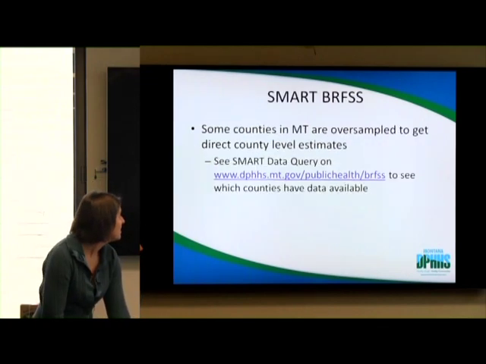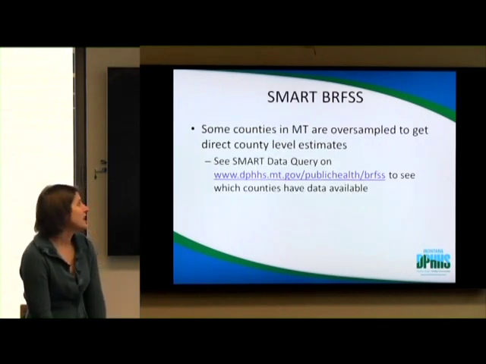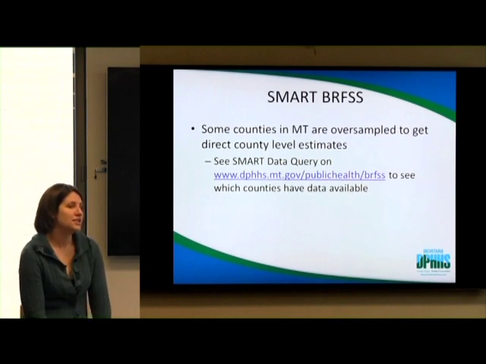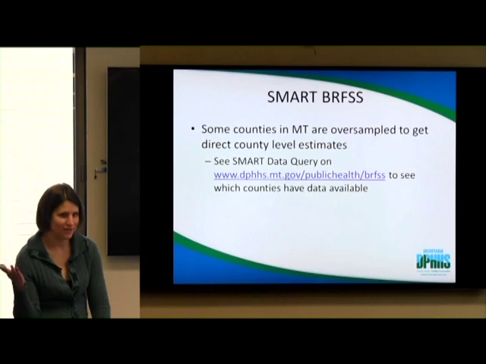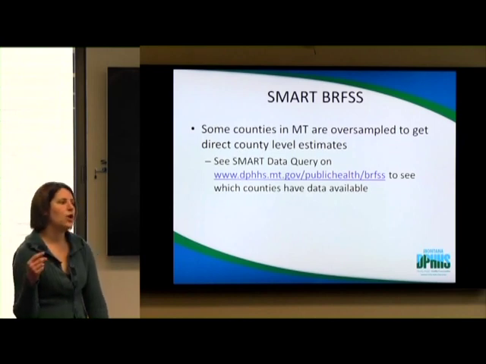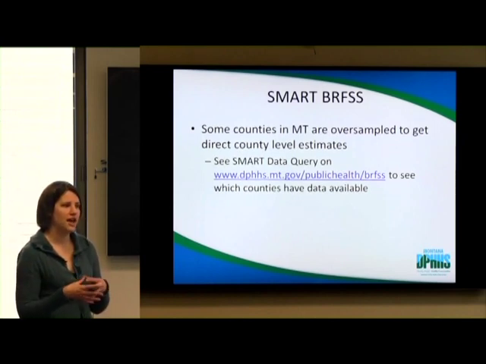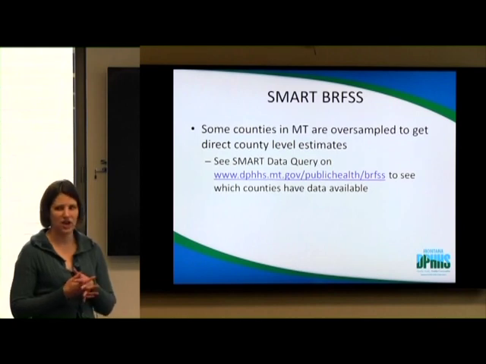And then another thing that we do is the Smart BRFSS, and this is actually going away, but it's still relevant now. And that's where we oversample in the larger counties, in the metropolitan areas.